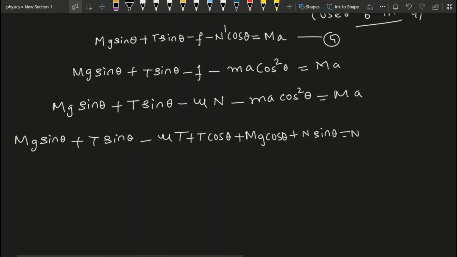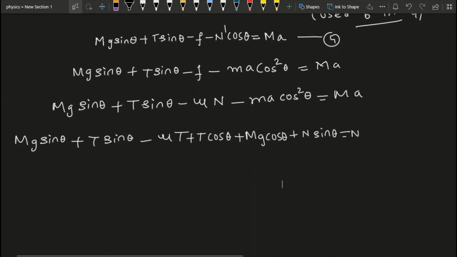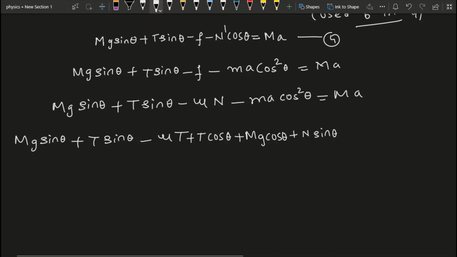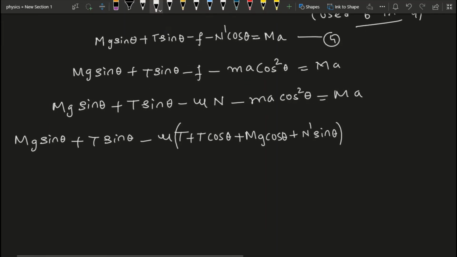I have pasted it, and this is n dash. Okay, and we are having a big bracket here. So we have to note that point. This is n dash. Next, minus ma cos square theta is equal to capital M into a.